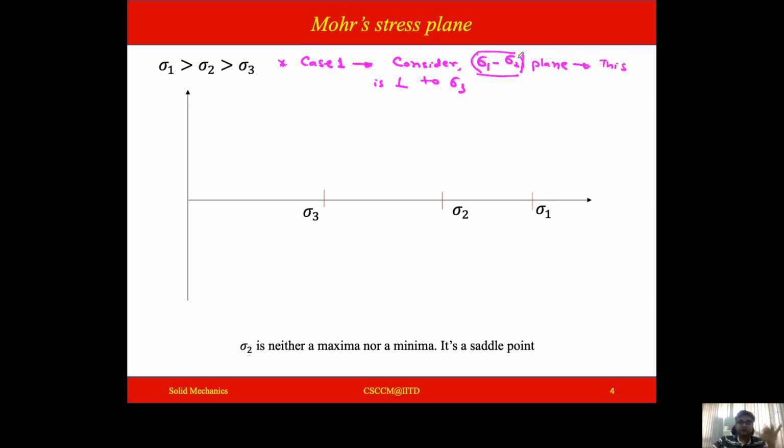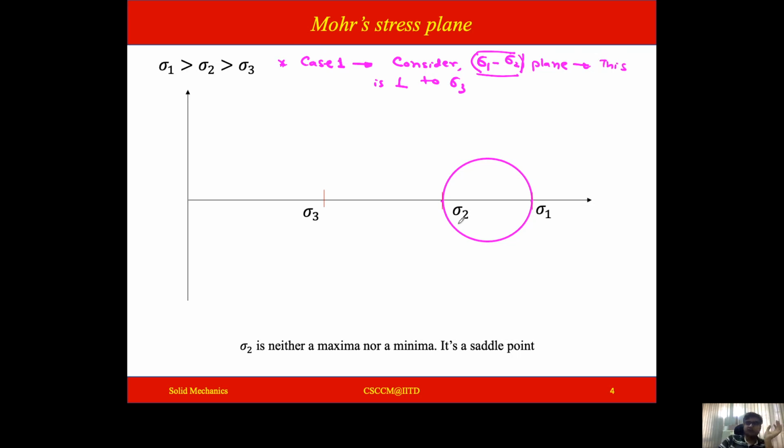If we consider sigma 1, sigma 2, how will the Mohr circle look? Well, the Mohr circle should pass through this sigma 1 and this sigma 2. So this is how your Mohr circle will look when you are considering sigma 1, sigma 2. That is, your plane is perpendicular to sigma 3.